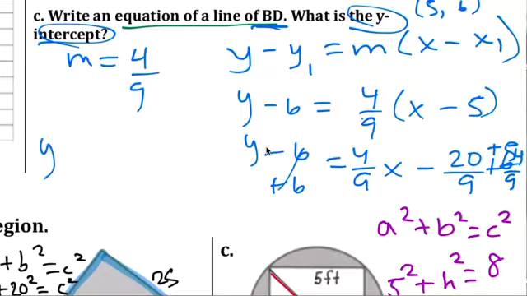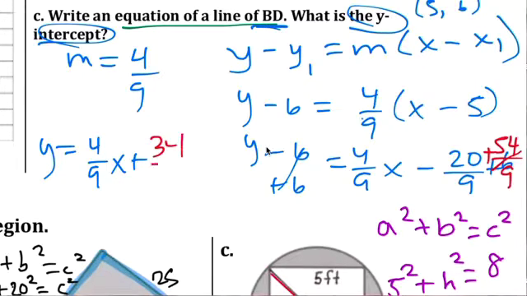So my equation is y equals 4 over 9 x plus 34 over 9. That's the equation of that line.